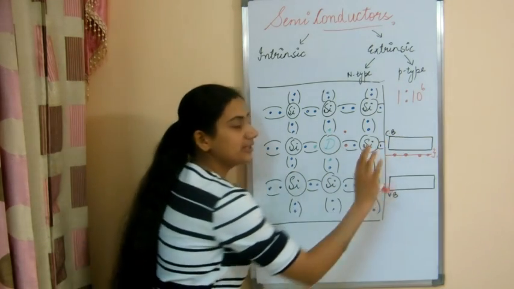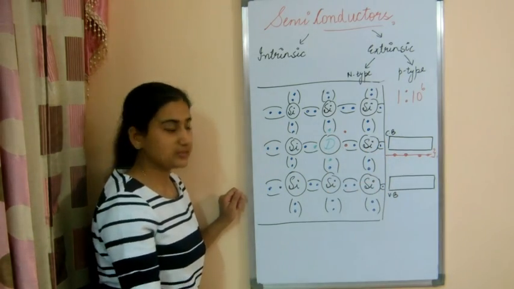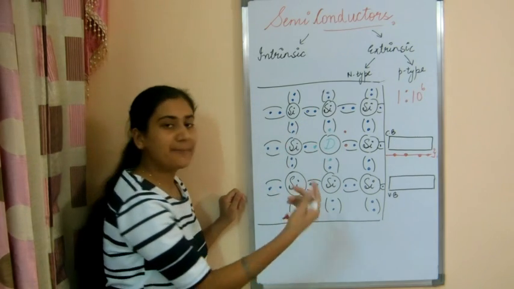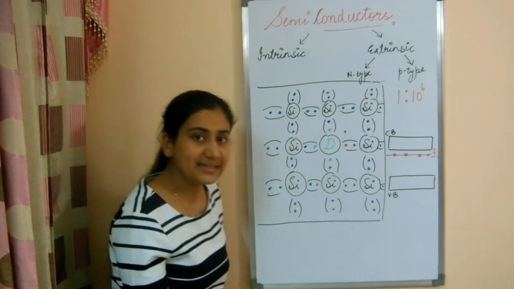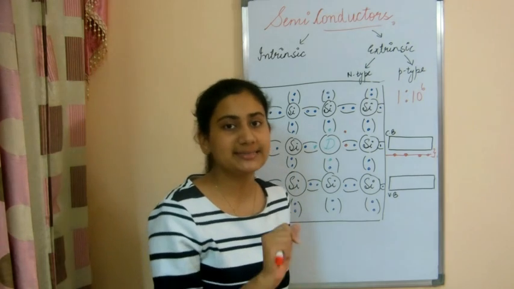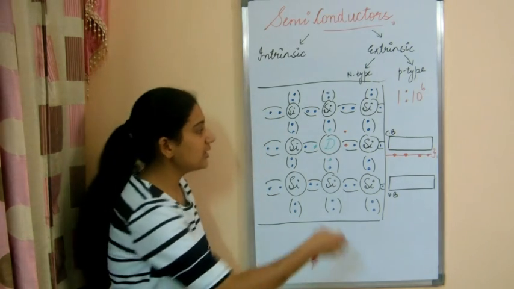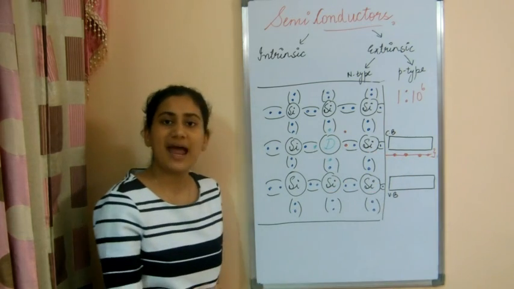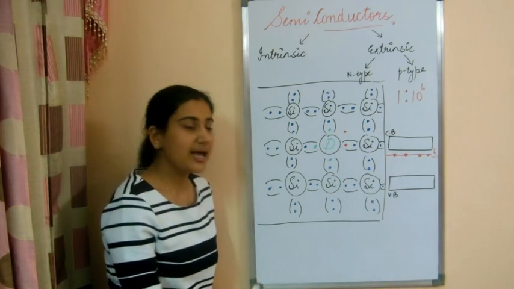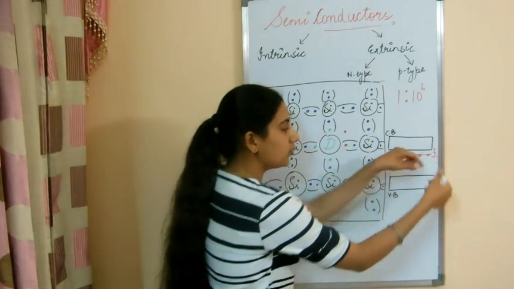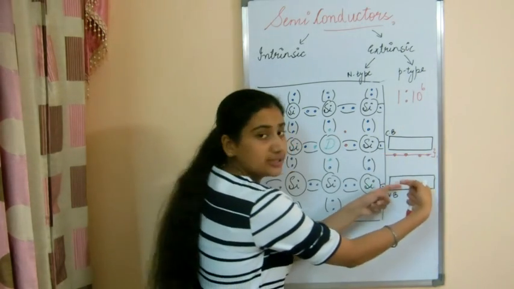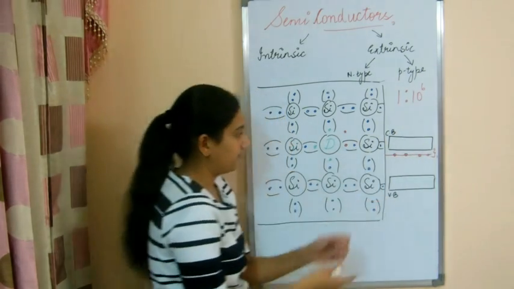So we get free electrons as soon as we reach room temperature. That means extrinsic semiconductors are better conductors than intrinsic semiconductors, because even at minimal temperature they have free electrons and start conducting, whereas in intrinsic semiconductors this level was not present and the electrons have to jump from the valence band.